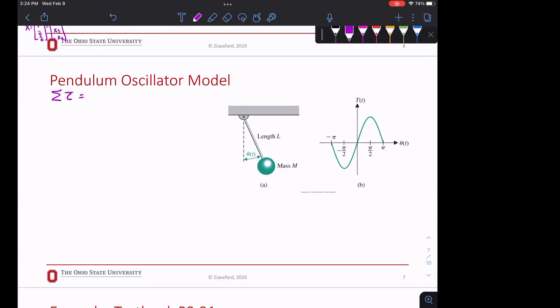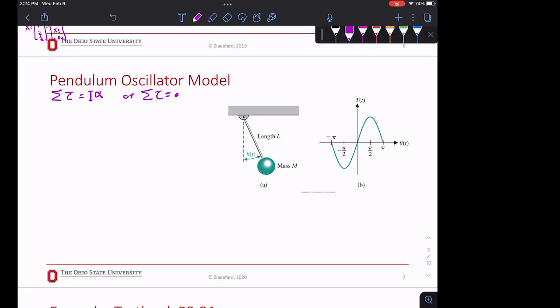Sigma tau is equal to either J alpha or I alpha, or again, you can say sigma tau equal to 0. So you will see that J alpha inside of it. So the summation of all the torques applied to the system is equal to the inertia times the rotational acceleration, or all the torques applied, internal and external, sum to 0, right?